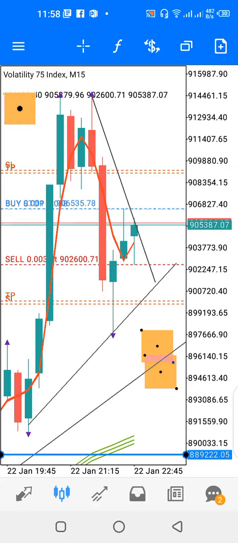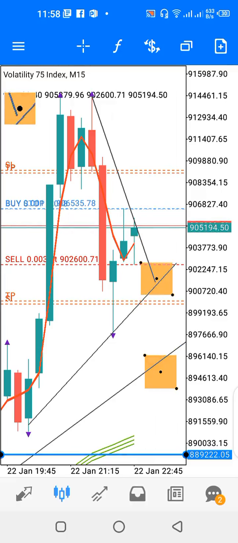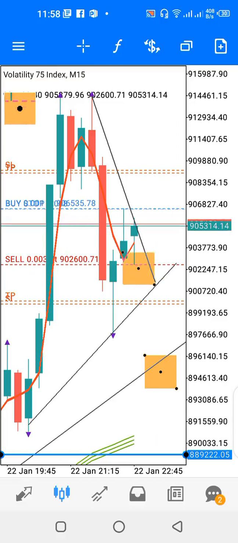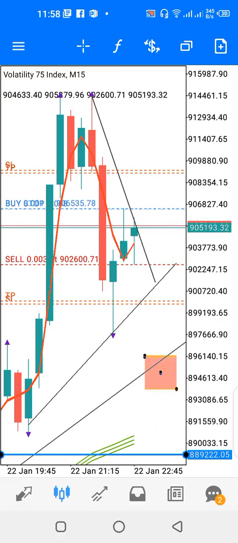But in as much as price is trying to go up, we can decide not to place the next pending order, which is a sell stop, because it's somehow apparent, it's somehow clear that price will go up.